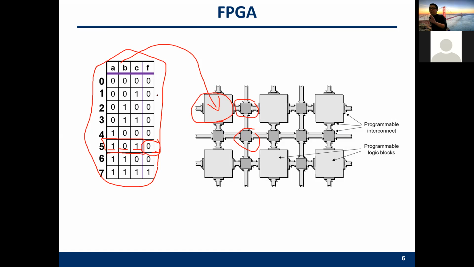For such a simple truth table, I think one LUT or one small LUT array is good enough. But if you have a lot of variables here, which means that you will have a very large truth table, you need multiple LUTs in this case, and you need to configure these switches to connect these LUTs together.